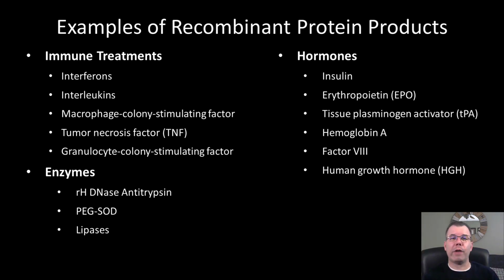It's typically used after someone comes in with a stroke, or maybe an embolism. Hemoglobin A is for those who are not making typical hemoglobin. Factor VIII is for blood clotting, so if you have hemophilia, you need that protein.